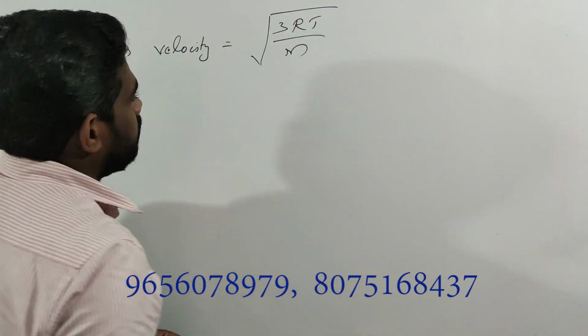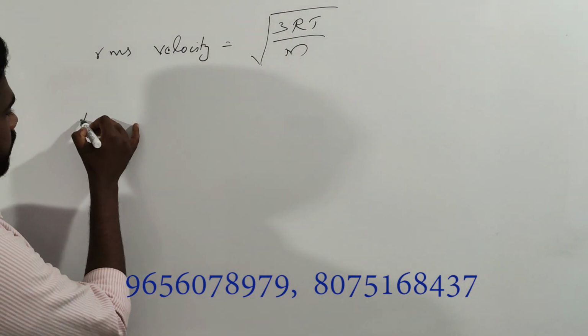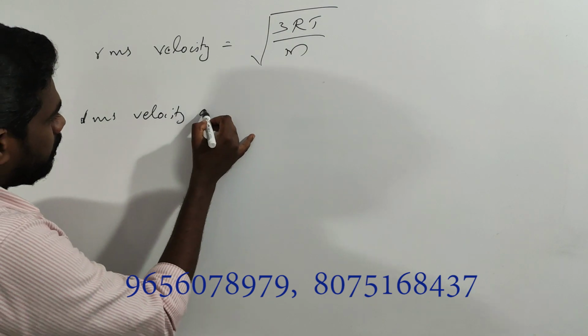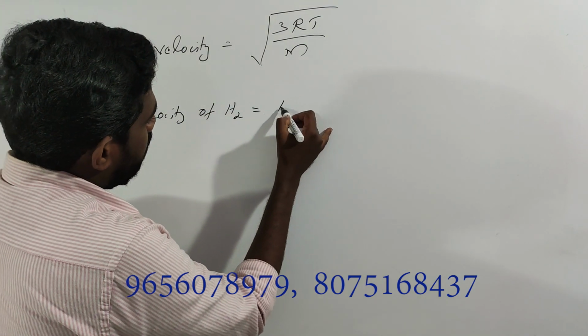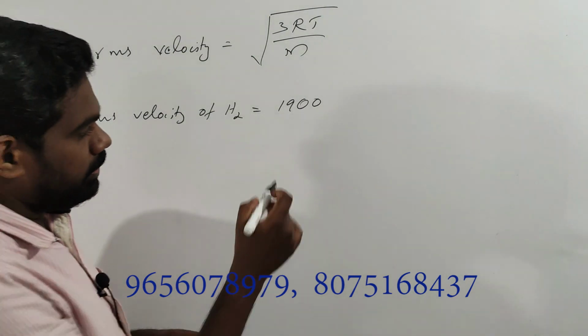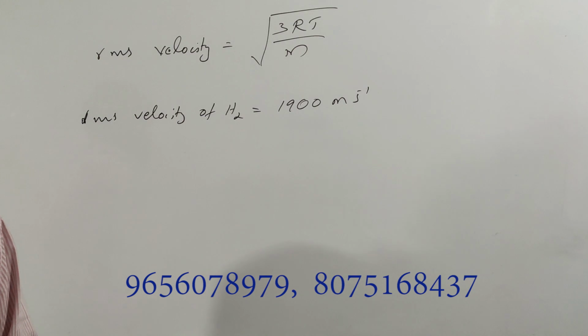So this is the RMS velocity. We know all the things: R is the universal gas constant, T temperature, m molar mass. RMS velocity of hydrogen is given, 1900 meter second inverse. This is the value given.